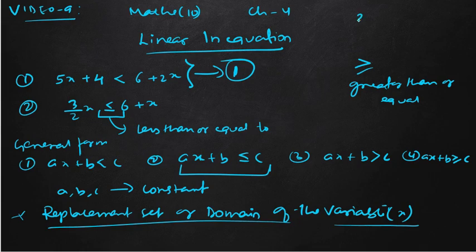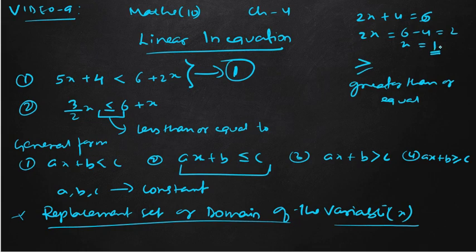Generally, suppose we take one example, 2x plus 4 equal to 6. So this is an equation, not an inequation. If we solve this, 6 minus 4 is 2, so x equals 1. After solving this equation, we have got the value of x.